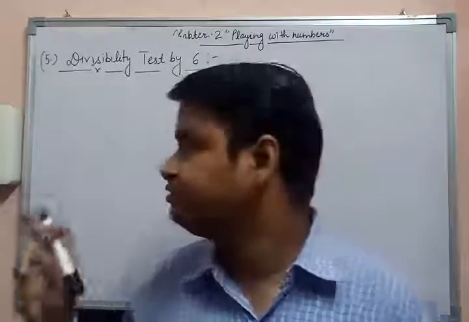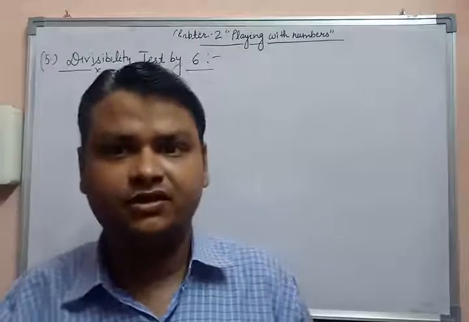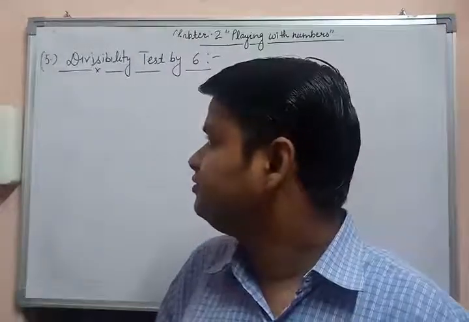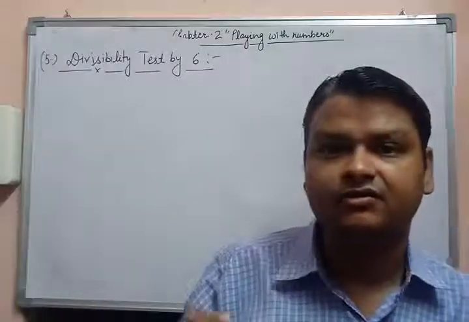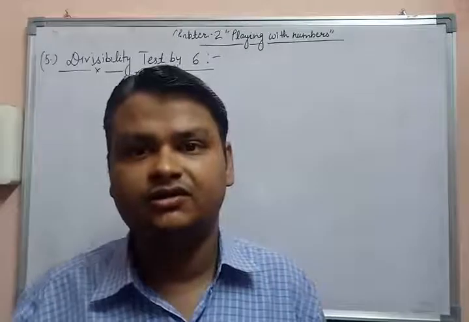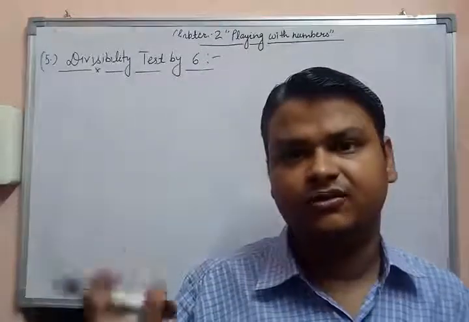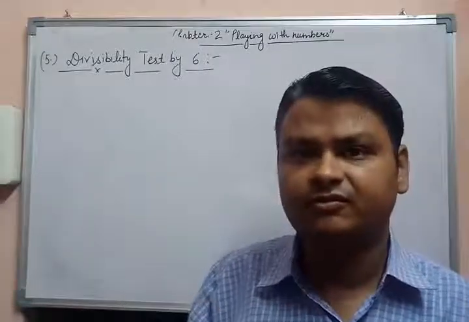So this property is a little bit long, but you should understand it. If you check that a number is divisible by 2 and 3, then the whole number will be divisible by 6.